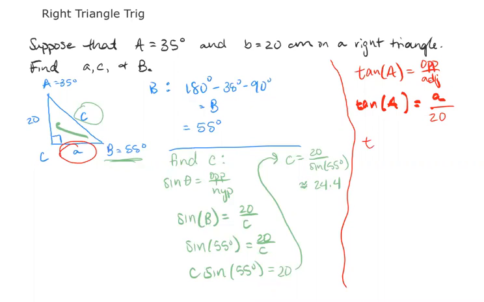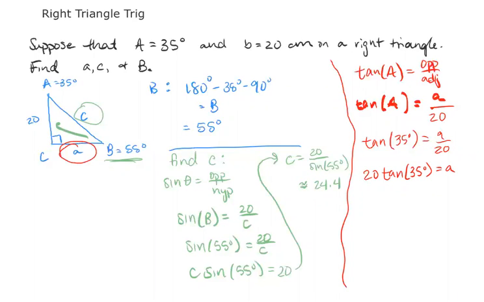So we're looking at the tangent of 35 degrees equals a over 20. Multiply both sides by 20, so you get 20 times the tangent of 35 degrees is little side A.